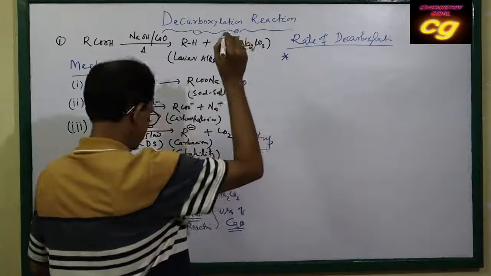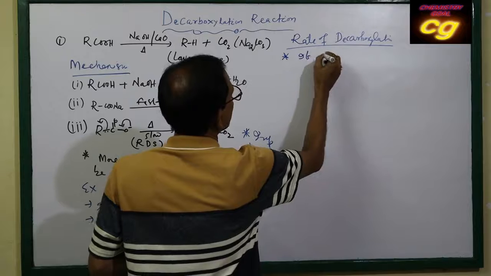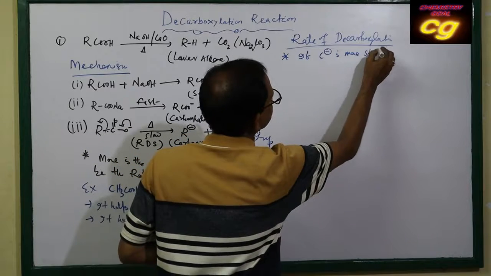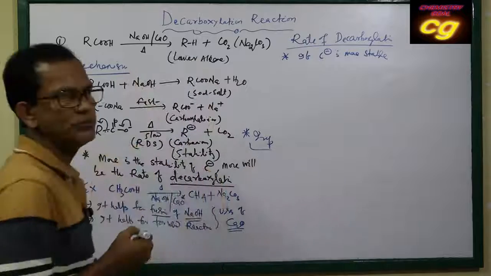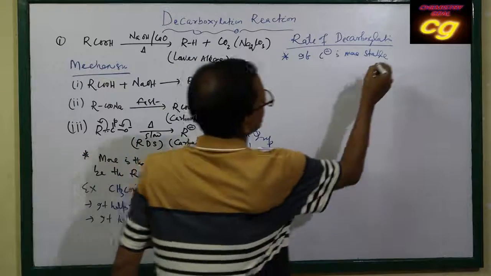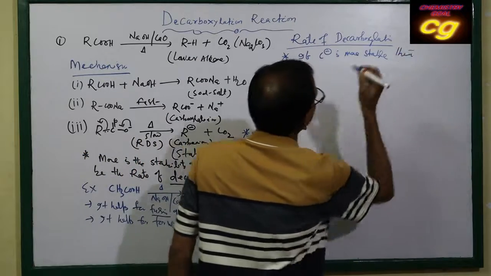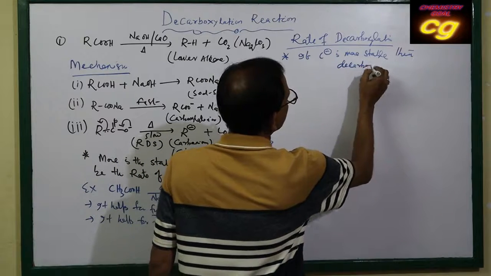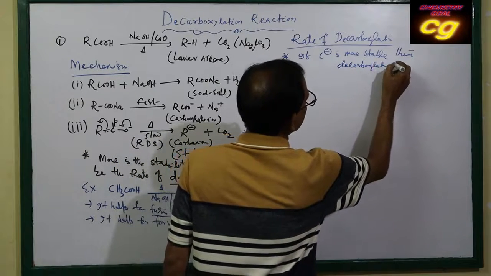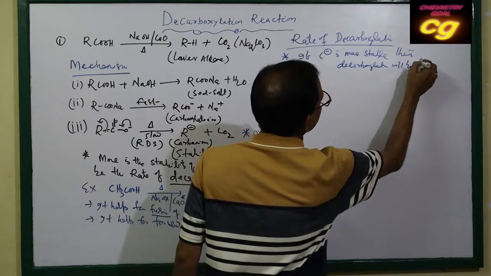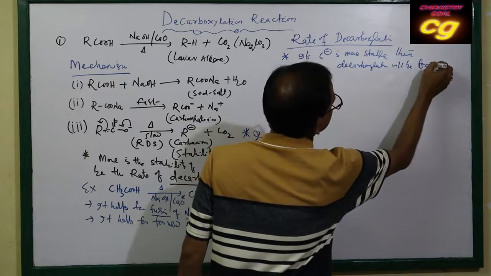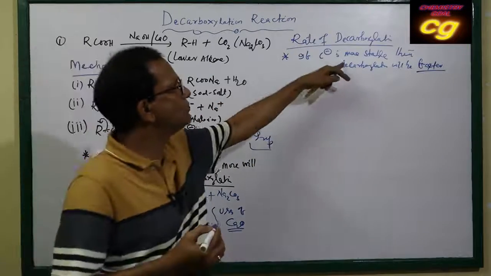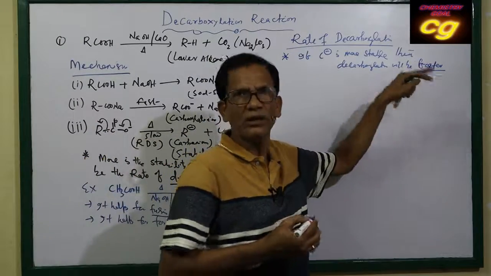Faster if the carbanion is more stable. If the carbanion is more stable, then decarboxylation will be faster.